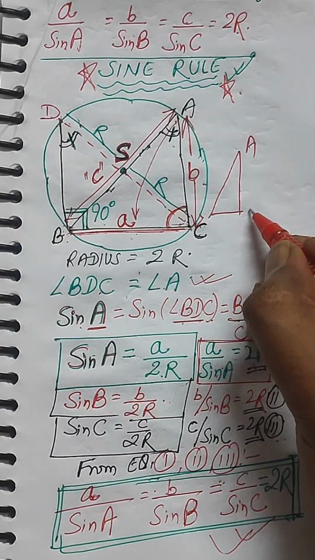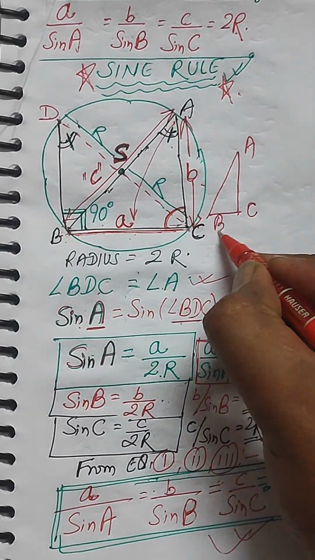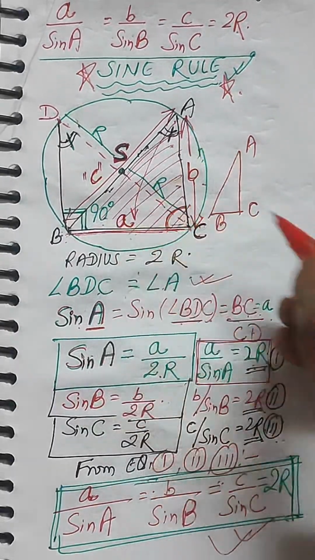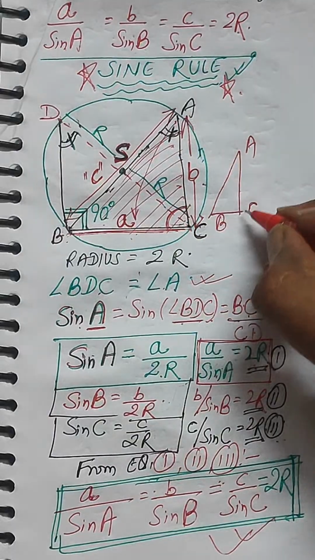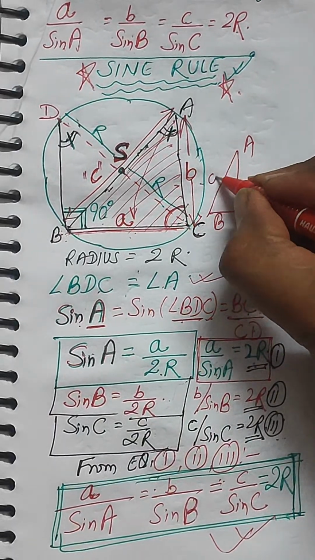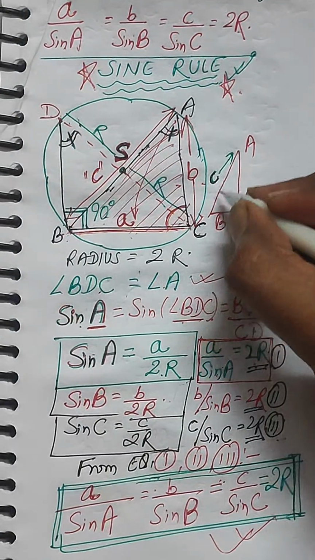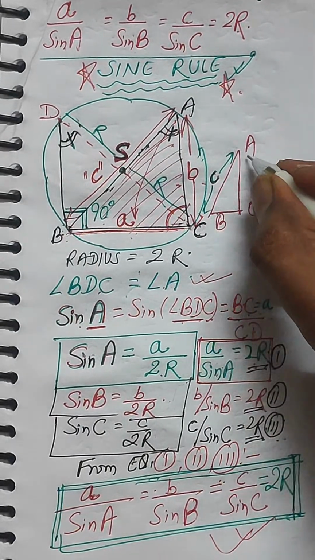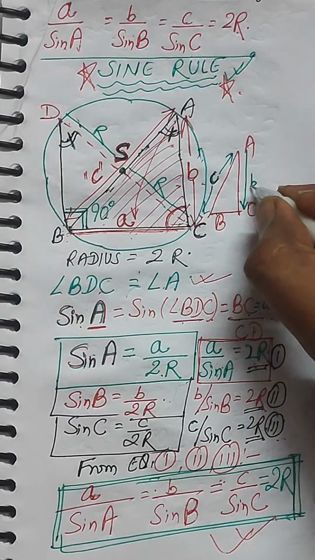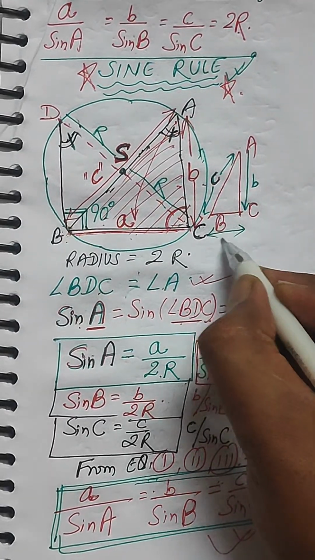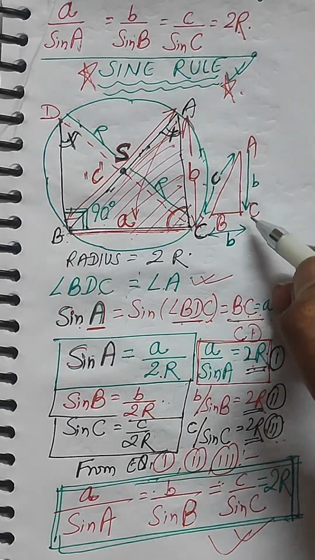Opposite to angle C is c, opposite to angle B is AC, that is b, and opposite to angle A is BC, that is a.